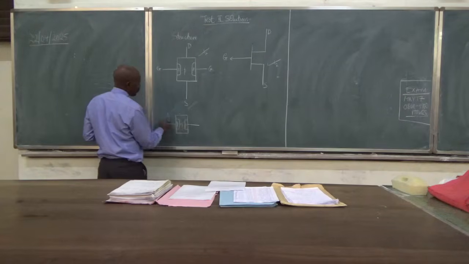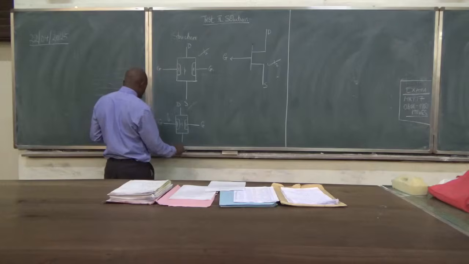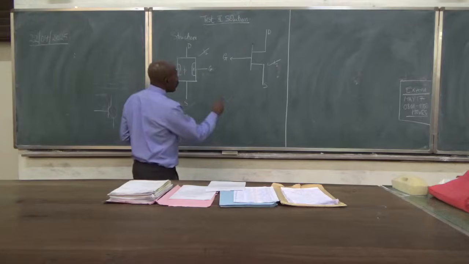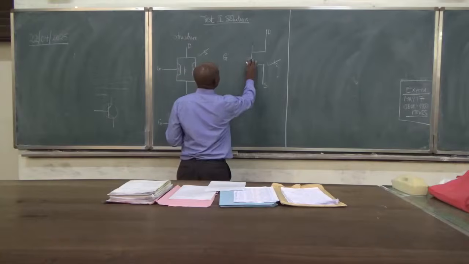and then you have the drain, the gate, and then you have the source, and then now the arrow. I'm sorry, this arrow comes from here.